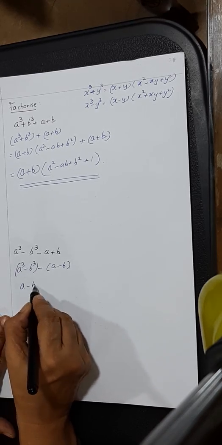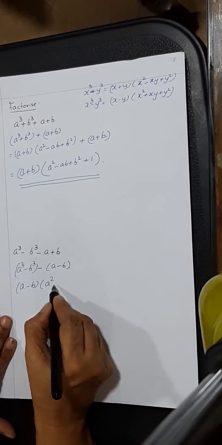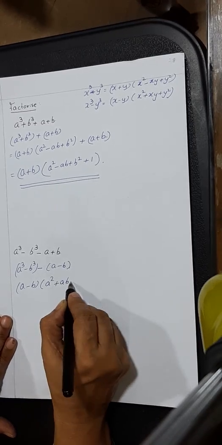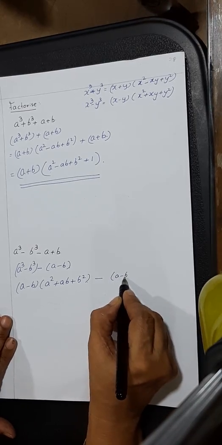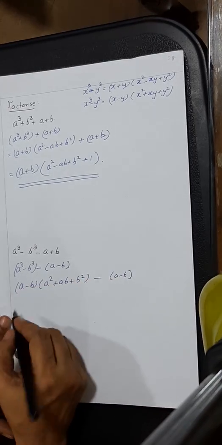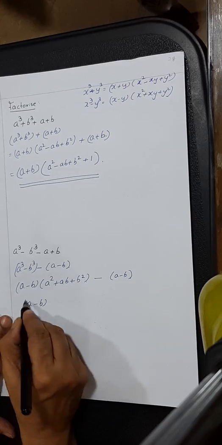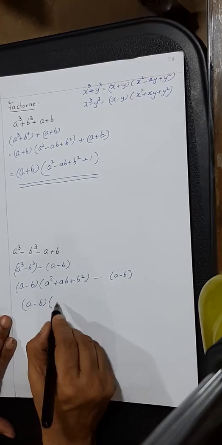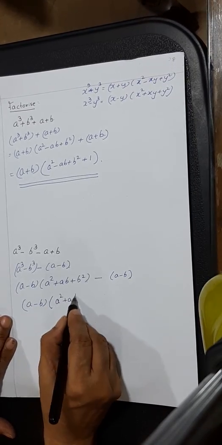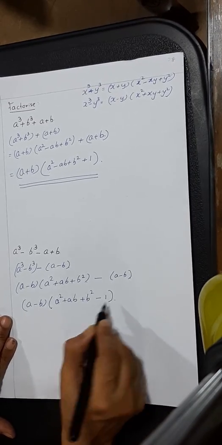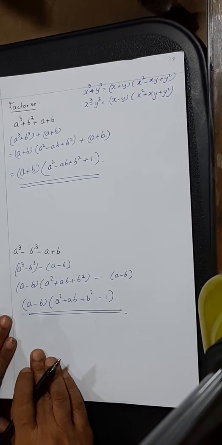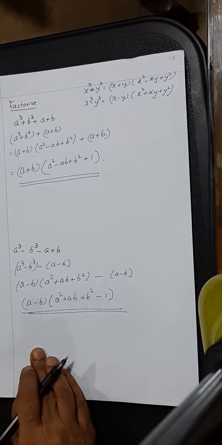So a minus b into a squared plus ab plus b squared minus of a minus b. Now you have a minus b common, you take a minus b out. So you are left with a squared plus ab plus b squared minus 1. Both are similar.